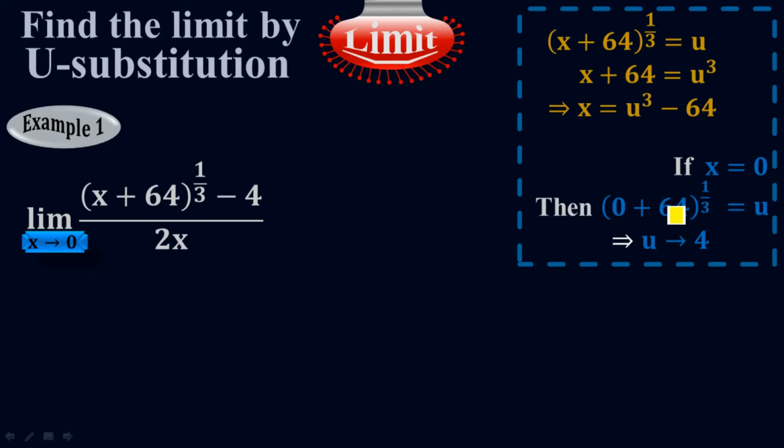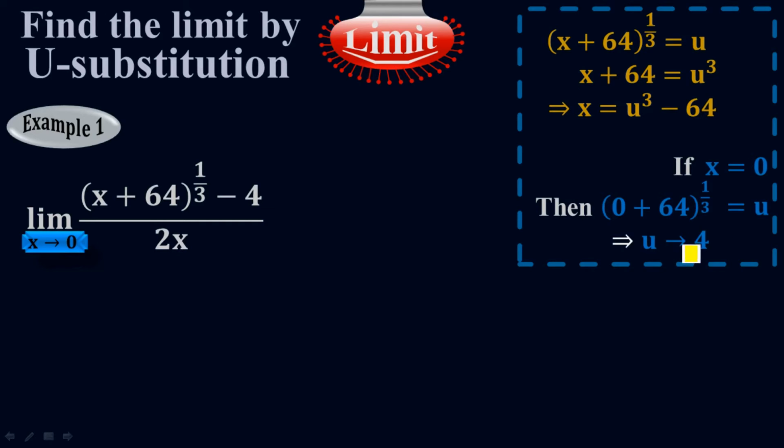Now instead of 64, can I write 4 cube? 4 cube is also 64, so whether you write 64 or 4 cube, it is the same thing. If I put 4 cube here, this power 3 will cancel with the 3, and I will be left with only the 4. This implies that u approaches 4.